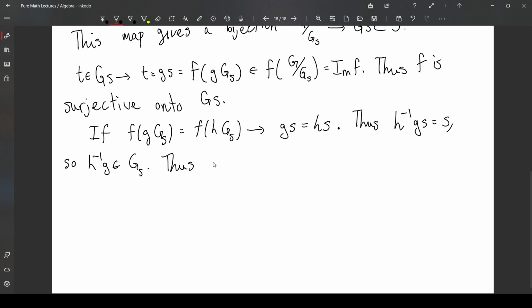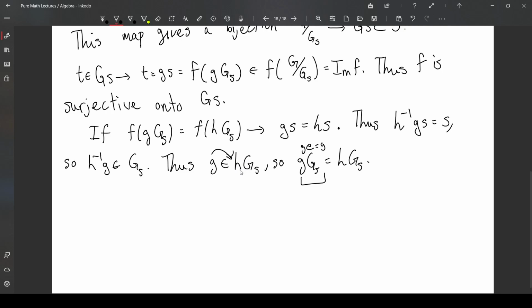Thus, G is in H G sub S, so G sub S is equal to H G sub S. The reason being is that little g is obviously an element of little g times G sub S because G sub S contains the identity element, so this contains GE, which is just G. Therefore, these two cosets are not disjoint, and remember, cosets are either disjoint or they're equal, right?